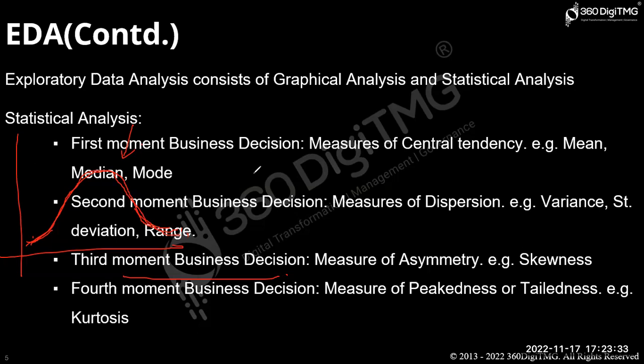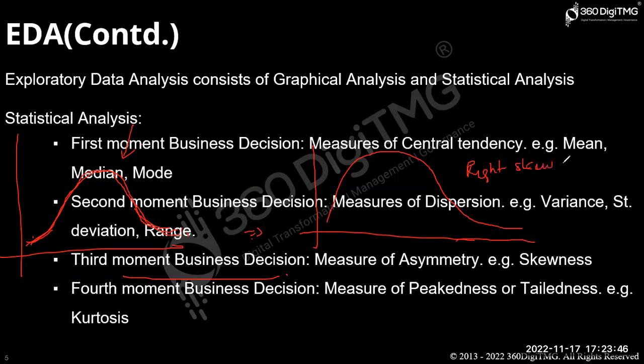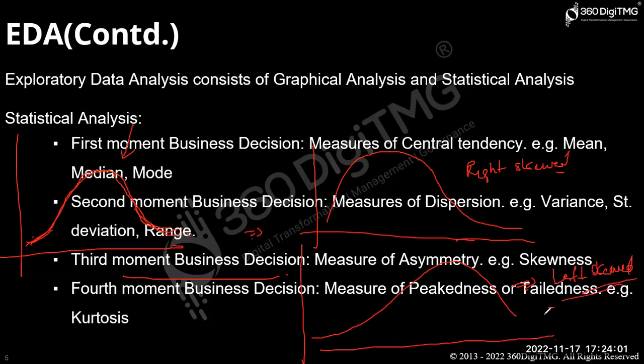If it is not, we will call it skewed data. If most of the data is on the left side and on the right side you have a tail, we will call it right skewed. If most of the data is on the right side and the tail is on the left side, we will call it left skewed.